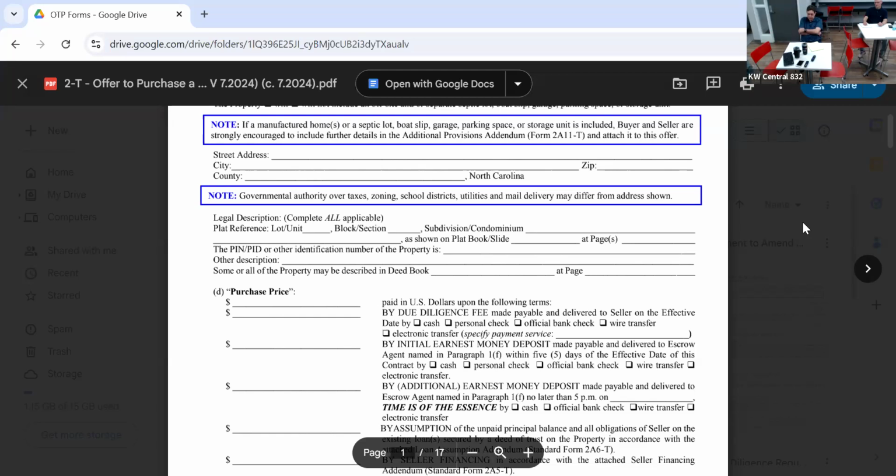Subdivision, condominium, make sure you fill that in. Plat book and slide, if there is a plat book and slide, again, that's going to be on the tax card. So it's going to tell you the PIN number, any other description.